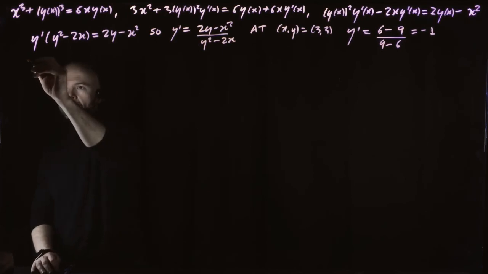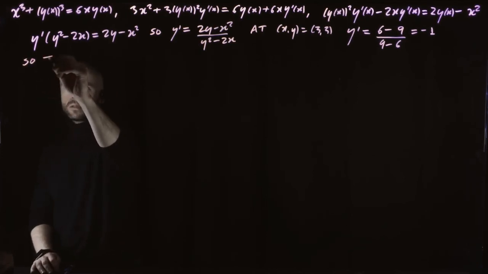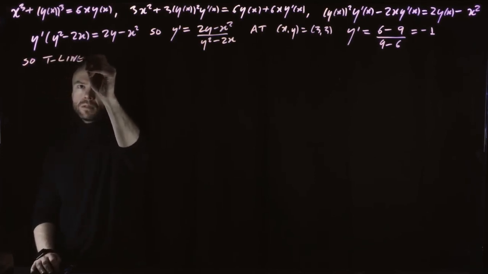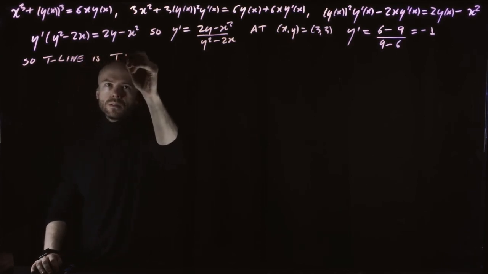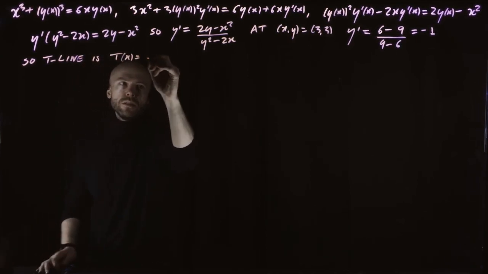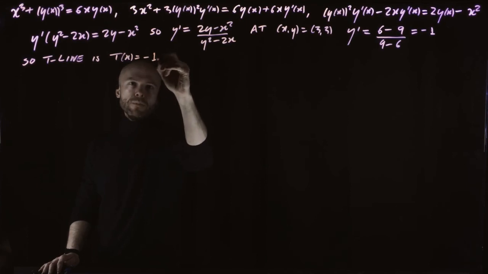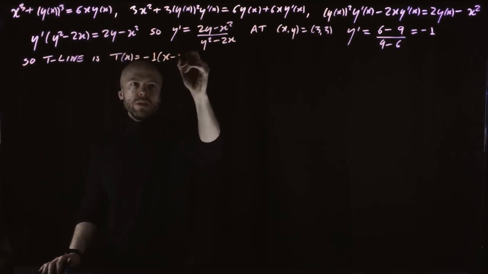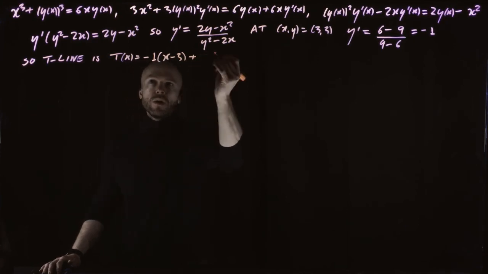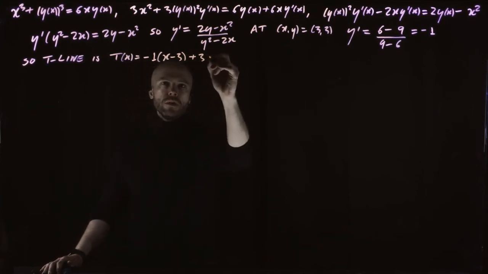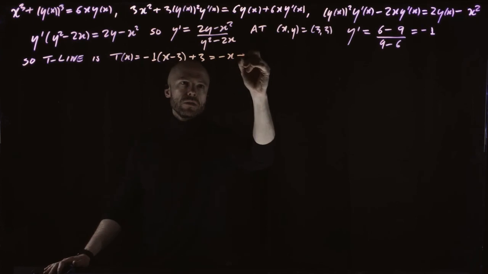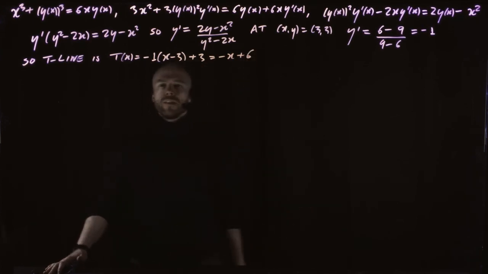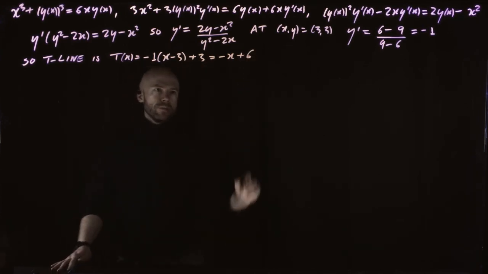So the tangent line t of x is equal to -1 times x minus the x-coordinate, which is 3, plus the y-coordinate, which is also 3. So it's -x plus 6. And that's it. That's our problem done.